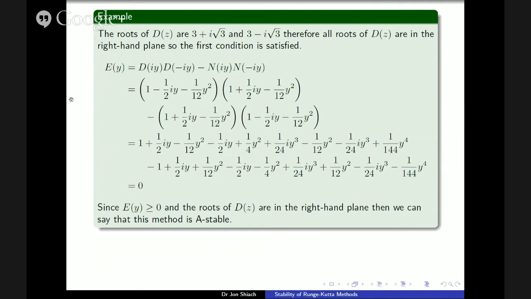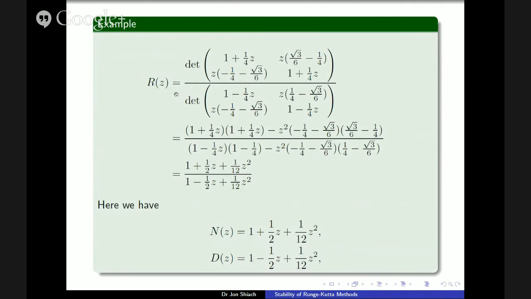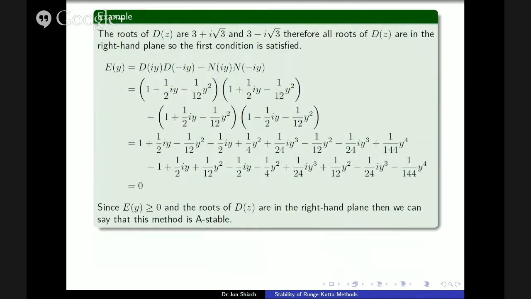Okay, the second bit, this is the trickier step, calculating E(y). And again, this will be given to you. Don't feel the need to memorize this, although by the time you finish revising, when we do it at the end of term 2, you should know this off by heart. So the D function was 1 minus a half Z, sorry, 1 plus a half Z plus a 12th Z squared. Recall we've got iy.